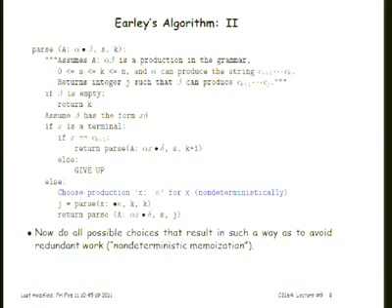Otherwise, beta has to start with some symbol. Let's call it X. Might be a non-terminal, might be a terminal, don't know. And then there will be some other stuff after the X. So if that X is a terminal, we just match it up with the next character of the input. And assuming that works, we continue.